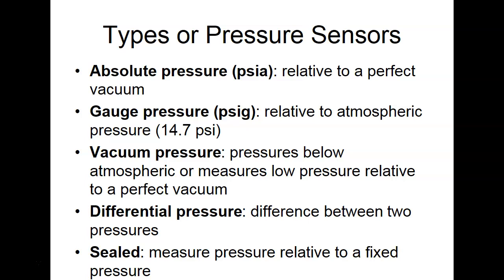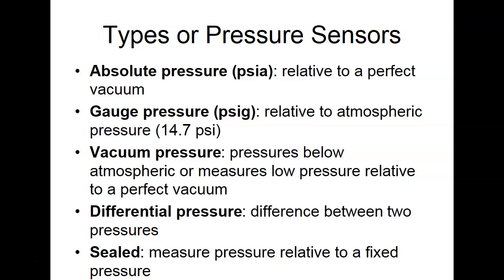So you can tell right off the bat what kind you got. Most of the gauges that you'll run into are gauge pressure, because atmospheric pressure is actually pushing against whatever you're trying to move, right? Does that make sense? So gauge pressure shows you basically the work that you're really going to get.